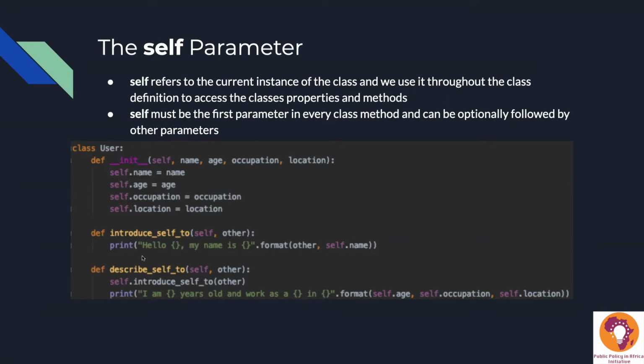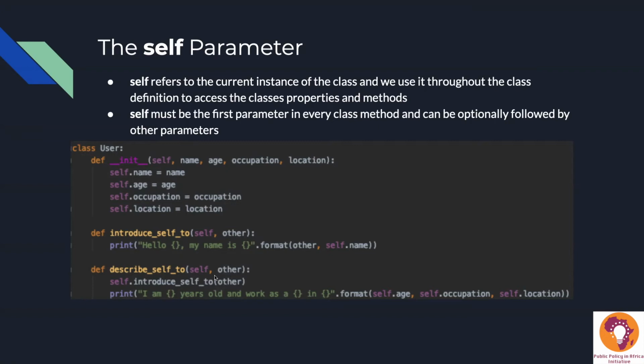And then there's also the describe self to. It's very similar to the introduce self to in that instead of just describing myself, the object is now describing itself to someone or something else. So here it's doing the self.introduce self to, and all that's passed there is the other parameter.